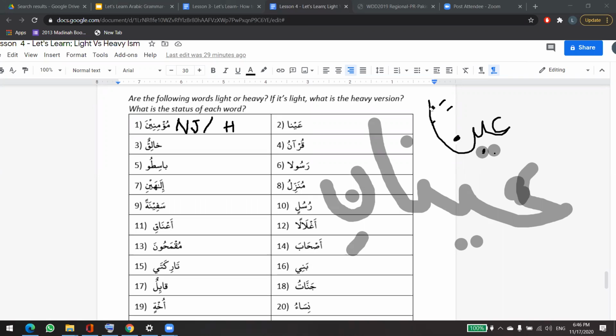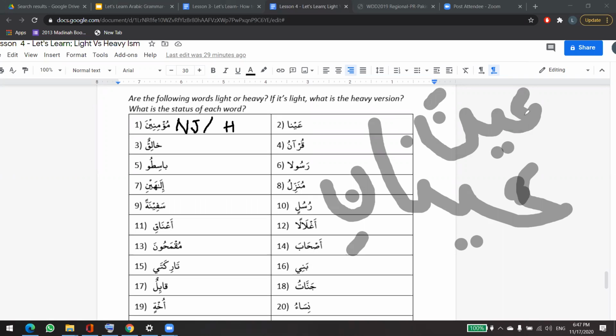Then you don't have to write the alif at the end, because the rule is for two fatha at the end. If two fatha are not there and you make it light, then the lighter version would be aina, like this.